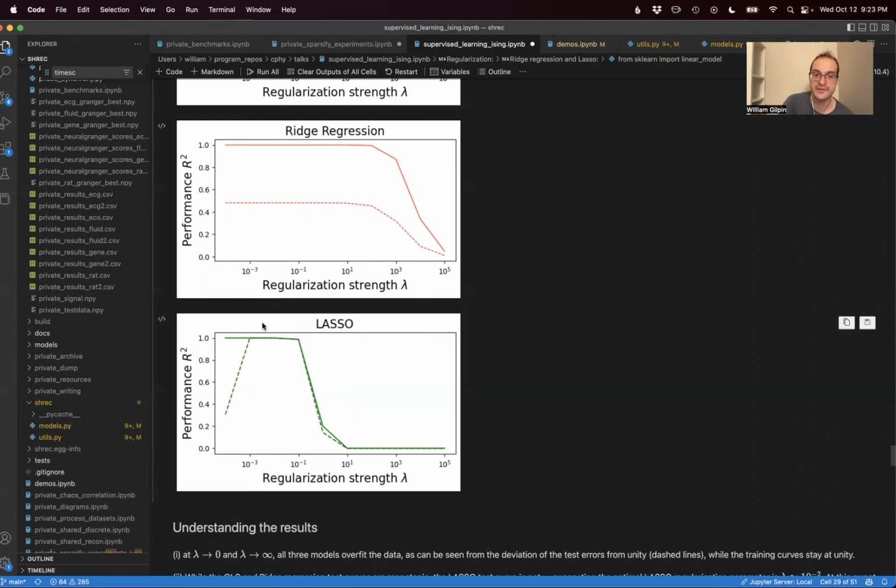That tells me this is probably the regime where I have the correct amount of regularization, and past there I sparsified J too much, and now my error starts to suffer. So even if I knew nothing about what J should look like, I would make a plot like this, where I plot my hyperparameter lambda as a function of my test error, and I see where I get this little peak, and that tells me that's the right choice of lambda value.